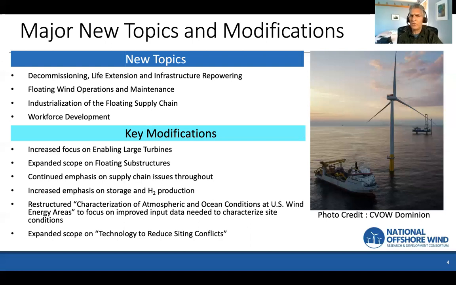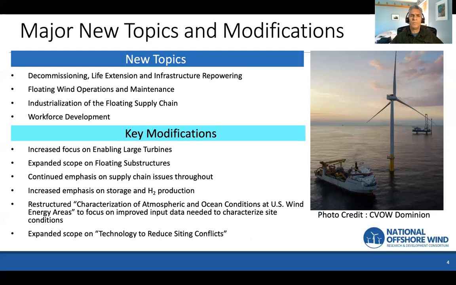Almost everybody we talked to in the floating design area, the engineers and the developers, emphasized the fact that industrialization of the floating supply chain is probably the most important area for reducing the cost down from where it is today to where it needs to go in order to achieve lower costs at utility scale. And so you'll see a lot of that in here. And then workforce development is an expansion, probably beyond the 3 pillars, but it's an important part that's in the roadmap.